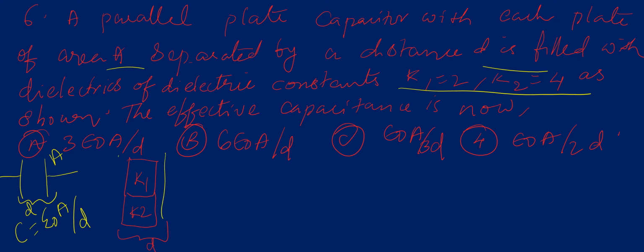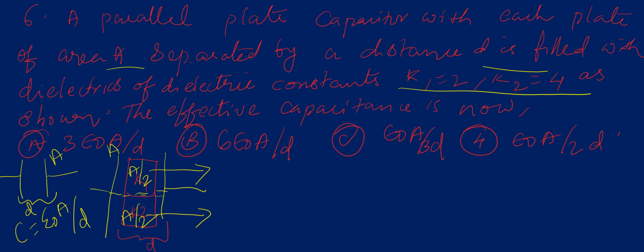Here in this capacitor, two dielectrics are there, K1 and K2. So here the plate area becomes half for both. For the first one plate area is A by 2, and for the second one also plate area is A by 2, because we are dividing it into half.